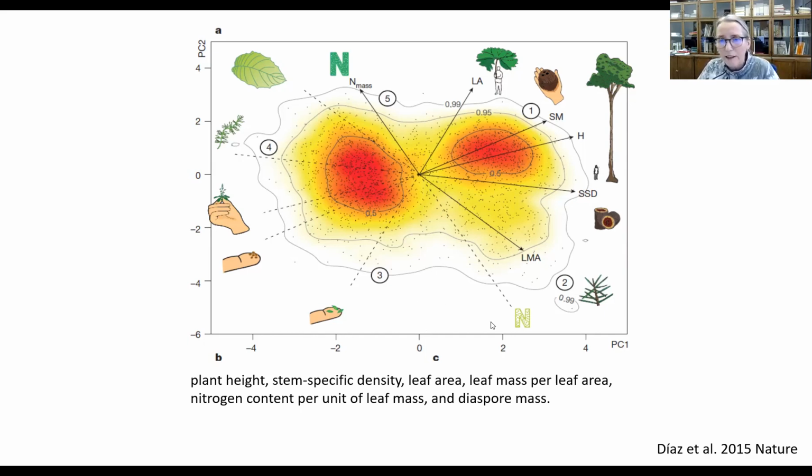And the second axis goes from plants with small, thick leaves with low nitrogen content to plants with big, thin leaves and high nitrogen content. So acquisitive strategy versus conservative strategy. So it was describing this newly gathered knowledge, by measuring these traits, of these plant strategies.